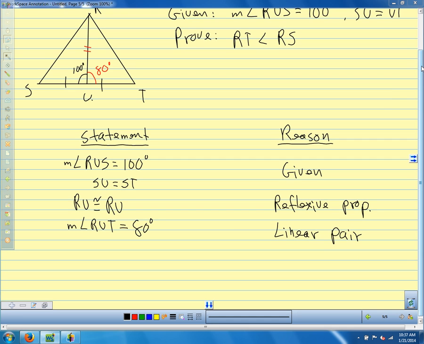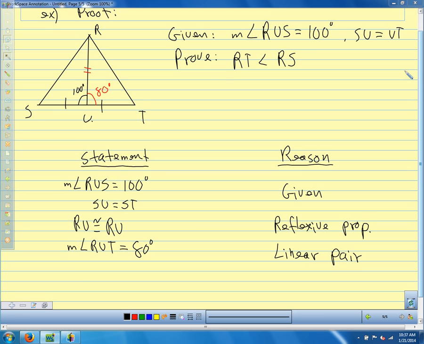Well, now we're set. We can say that segment RT is less than segment RS. And what would be our reason here? Angle RUT is less than the measure of angle RUS.